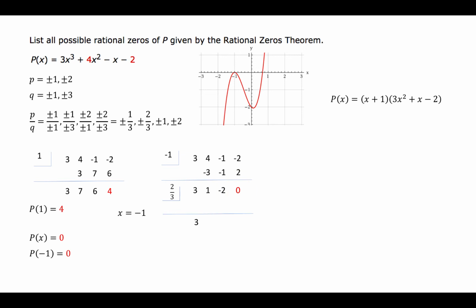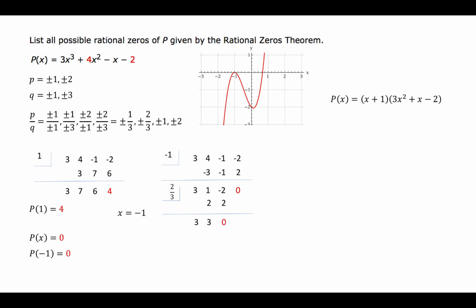Bring down the 3, multiply 2/3 by 3 for a product of 2, and write it below the next term, 1. Add the 1 and the 2 for a sum of 3. Multiply 2/3 by 3 and write the product 2 below the next term, minus 2. Add the entries in this column, minus 2 plus 2, for a sum of 0.